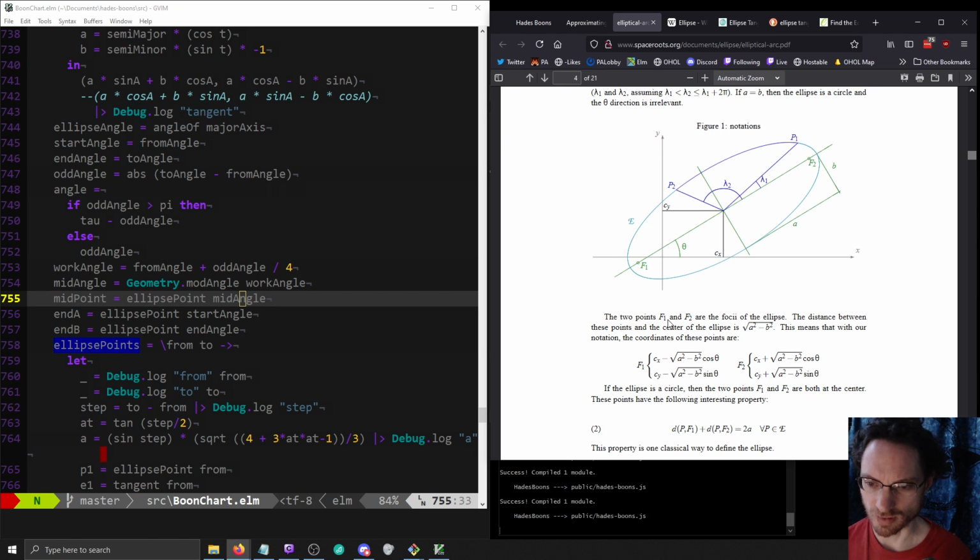Okay, so he's talking about focus of the ellipse, which we've never had to deal with. The distance between these points in the center is blah. The coordinates of these points are... Okay, so now we have a way to calculate them if we wanted to.